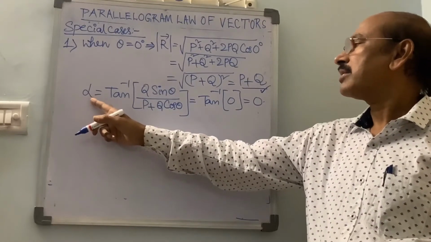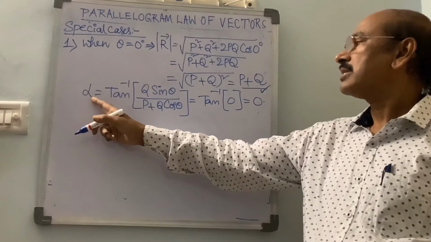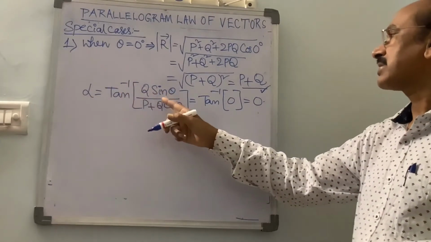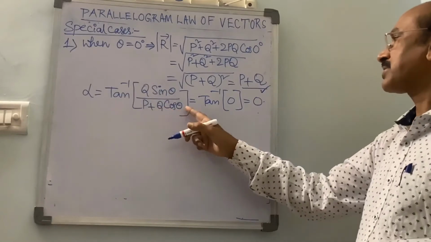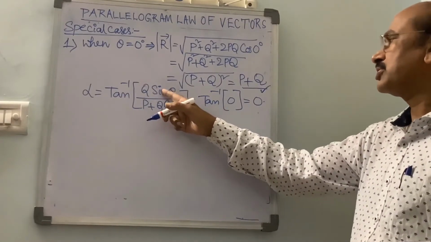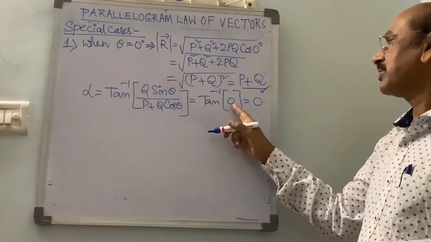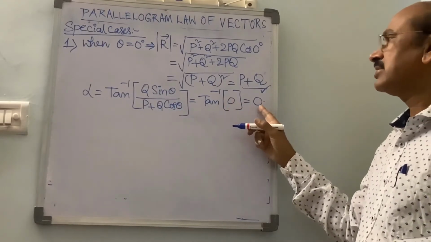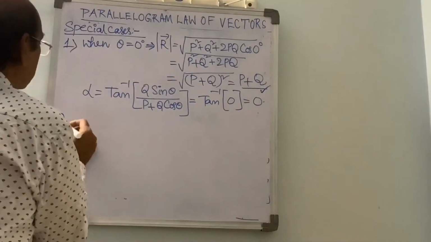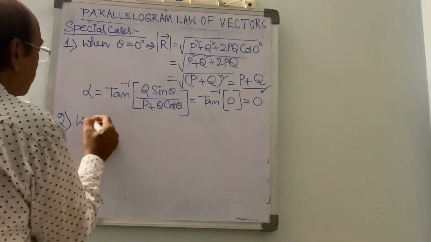And the angle, that is direction of the resultant, becomes tan inverse q sin theta by p plus q cos theta. That is q sin 0, 0. So 0 by something is 0. Therefore, tan inverse 0 is 0. Now in second case, let us take theta equal to 90.